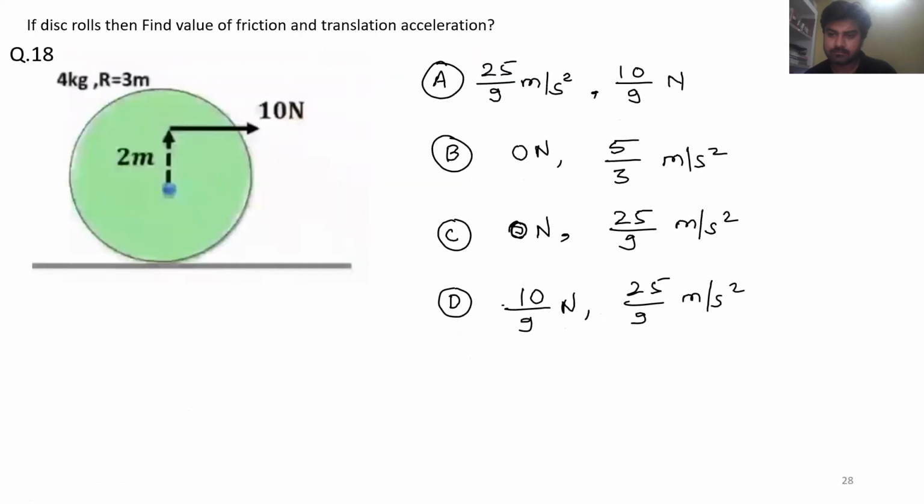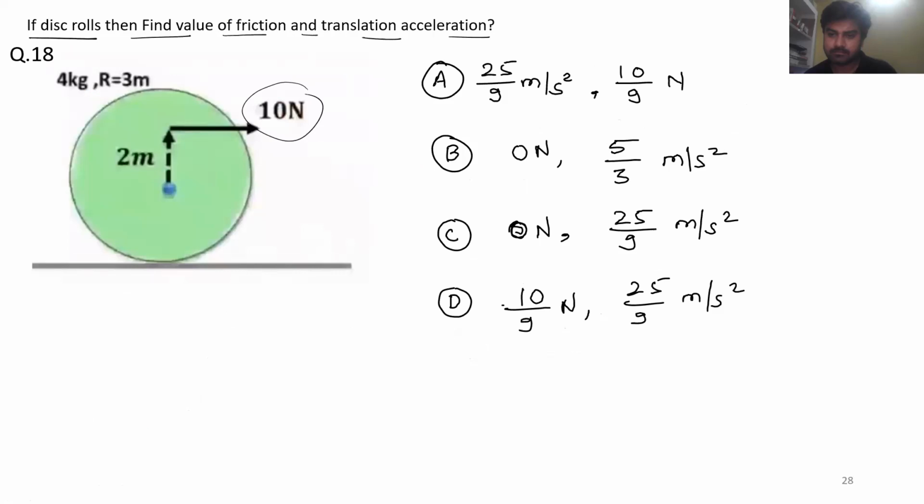Let's go to the next one, which is 18th number. In this question, it is telling a disc rolls, then find the value of friction and translational acceleration. This disc is applied by a force of 10 Newton, right? And it rolls without slipping. Rolls means rolls only.